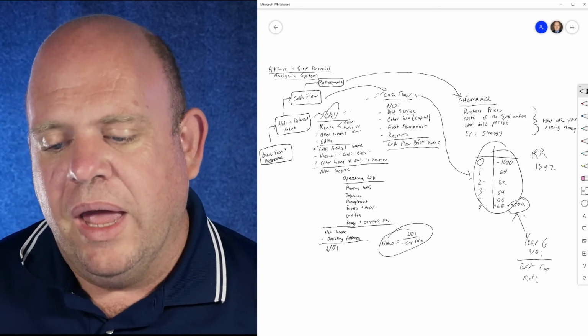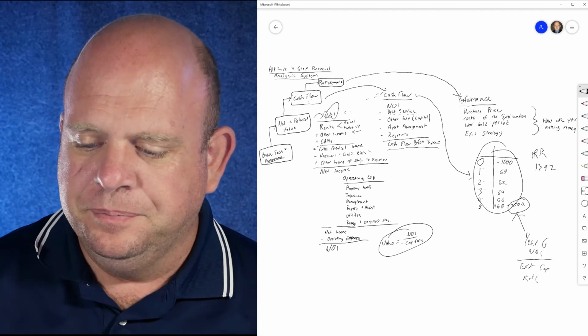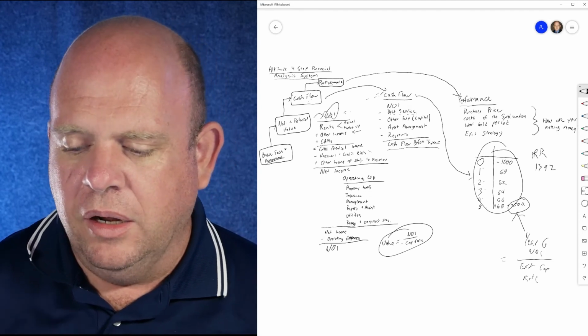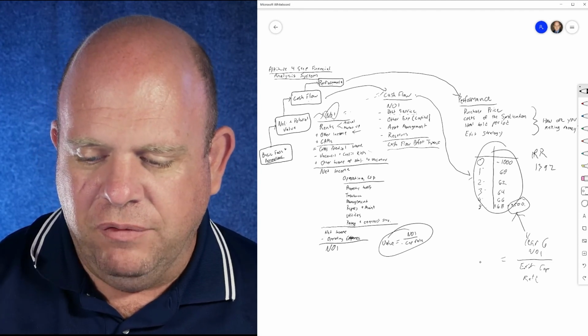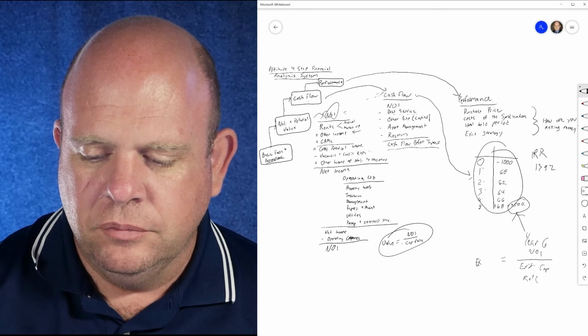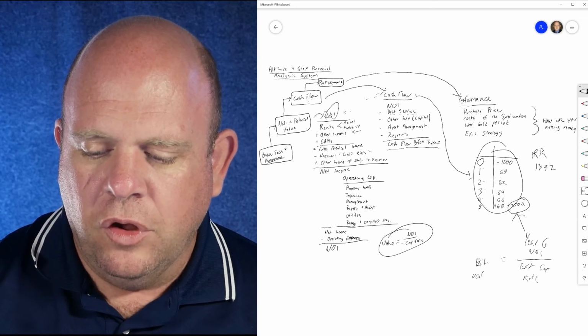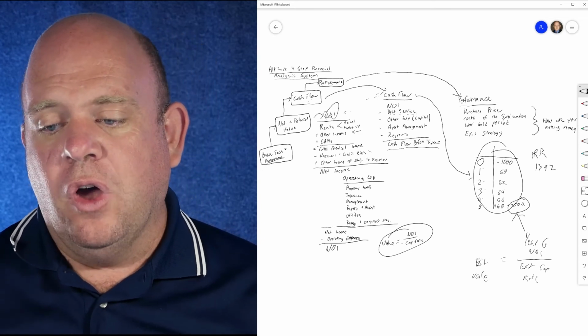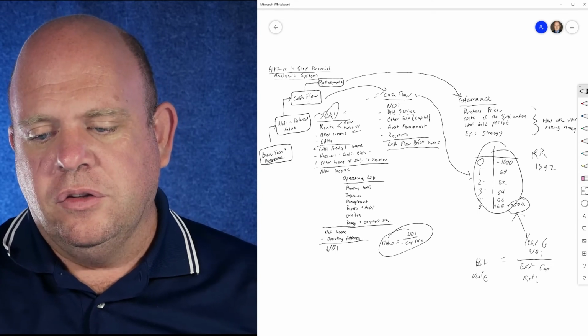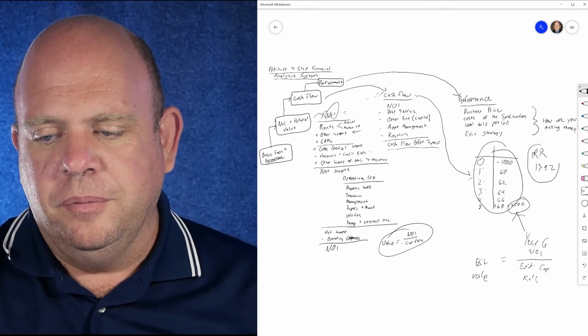And then you end up with what that exit value is. So then we use all of this to calculate the IRR.